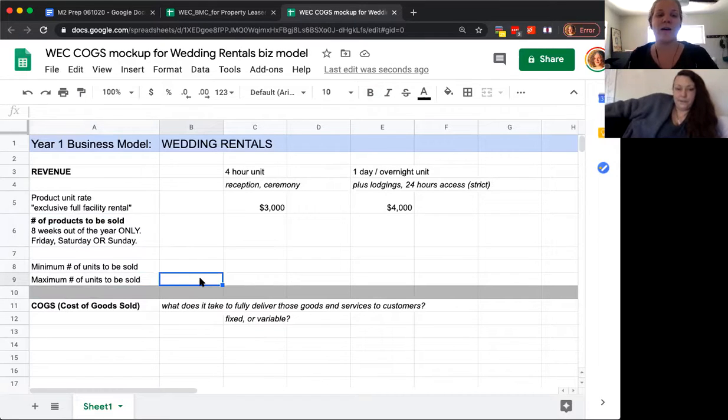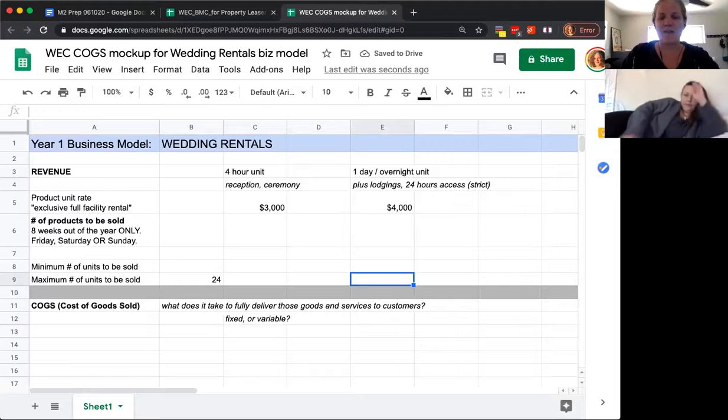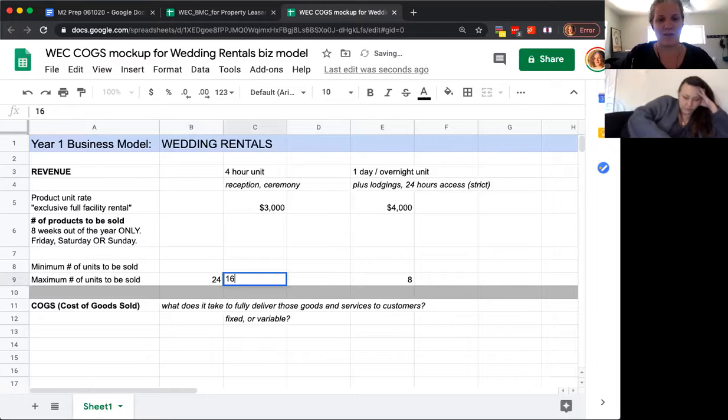For example, you may only be able to do one day per weekend, and then you could have 2 4 hours on either side of that, but you can't do 3 one-days per weekend. So maximum would be 24 total. And then you may need to break it up, like, how does doing 8 and 16 for the 4 hours and the 1 day? Okay, great. So that's the maximum.